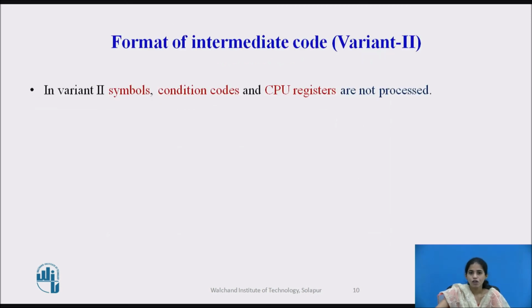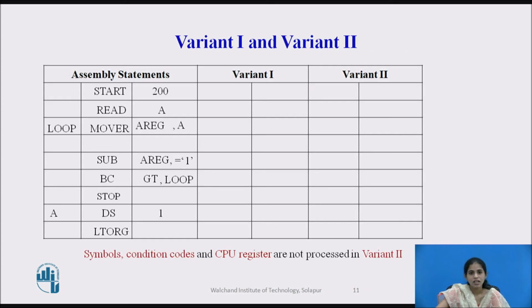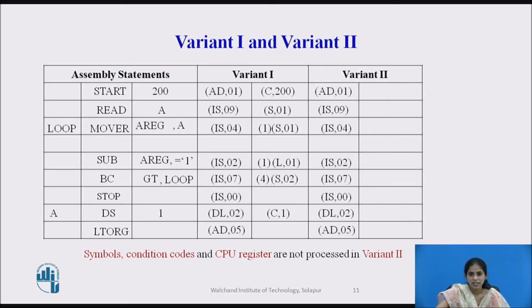Now next we see the format of intermediate code for variant 2. Basically in variant 2, symbols, condition codes and the CPU registers are not processed. They are kept as they are. So in this statement we generate the code similarly, but in this variant the symbols, condition codes and CPU registers are not processed. Means here A, whatever we highlighted, A register, GT, these we keep as they are.